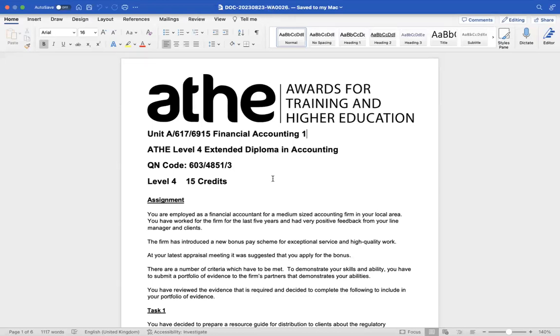In the previous three sessions, we covered various aspects of financial accounting. I'll quickly recap the key points. In lecture one, we focused on understanding the purpose of finance and accounting. Finance and accounting play a critical role in businesses by managing financial resources, tracking transactions, and providing essential information for decision making.